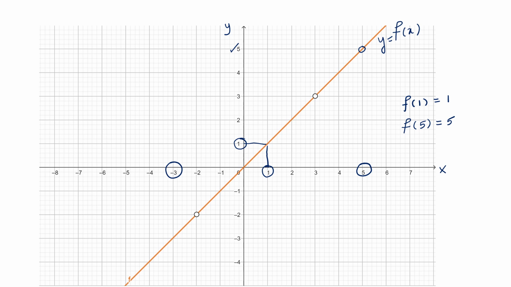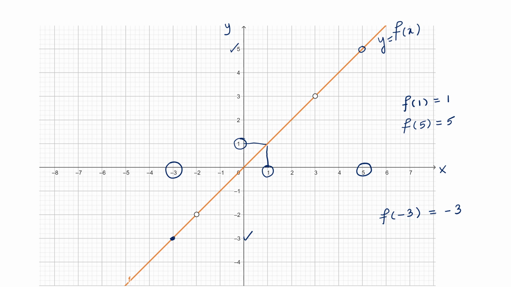What is f of minus 3? From the corresponding point, the corresponding number is minus 3. So f of minus 3 equals minus 3. Like that we can find the value of f of a when x takes the value a.